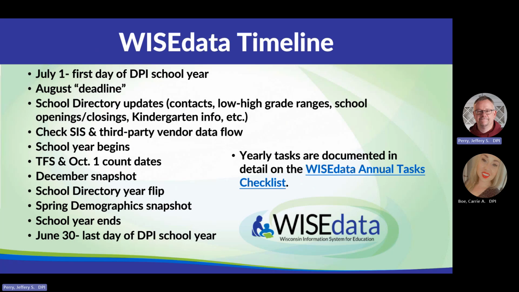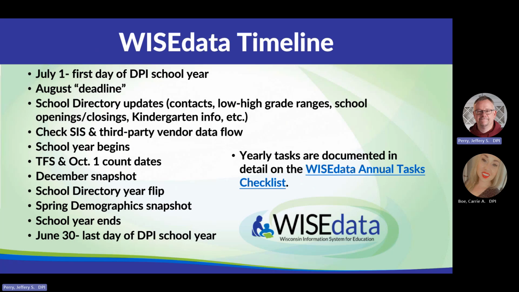The December snapshot is the biggie. That's where we capture not only the current school year's counts of third Friday in September and October 1st, but the prior school year's year-end data like attendance and roster and coursework and CTE and all kinds of other things, graduates and all of that.